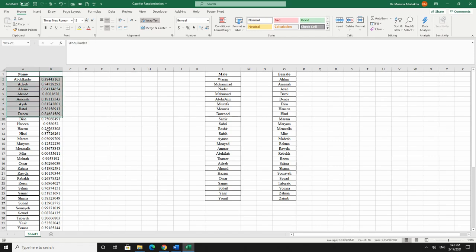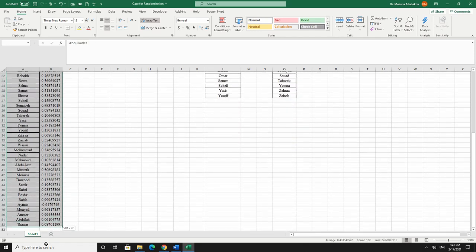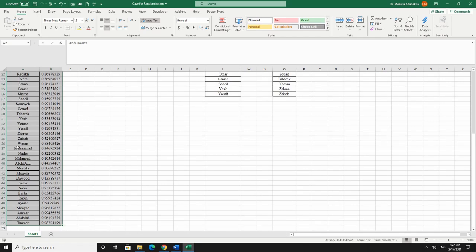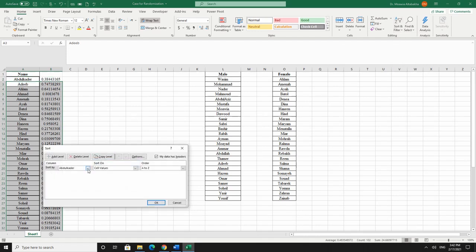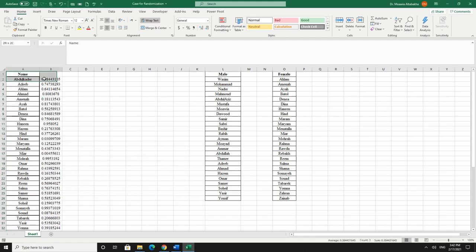So I will highlight these two. Now I highlighted them and I go to filter and here custom sort. Tell me, do I need to sort by Abdulqader? No, I will tell it to sort by the second column, but because there is a title, I have to take it from the title. I'll write here number, random number.